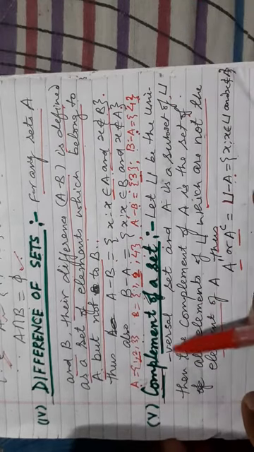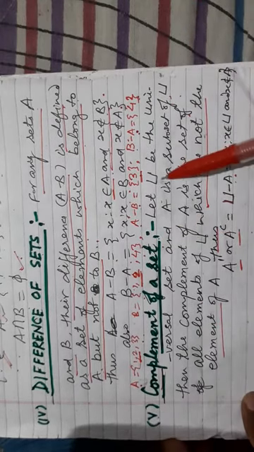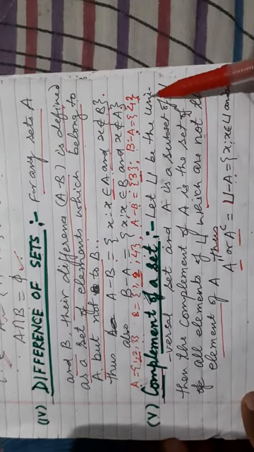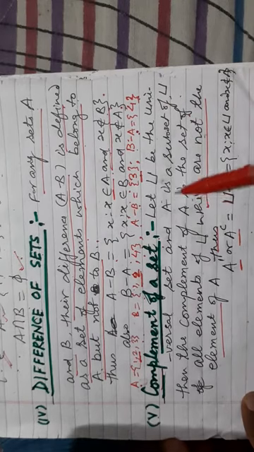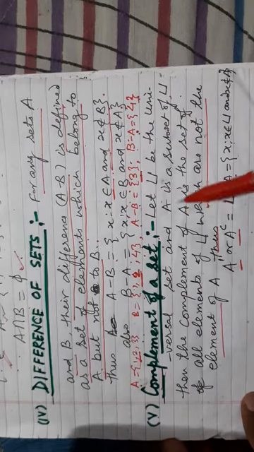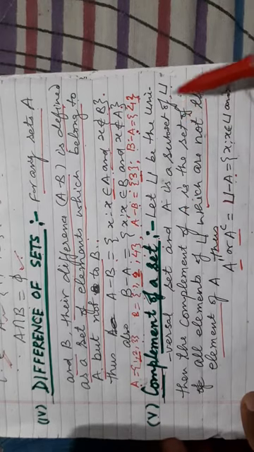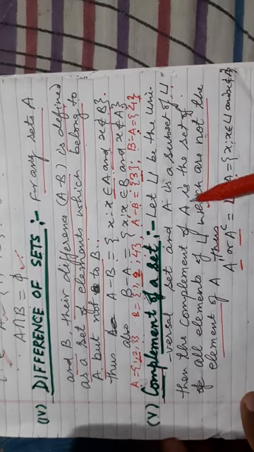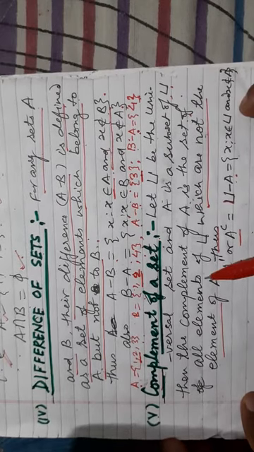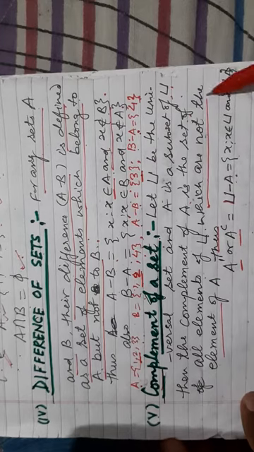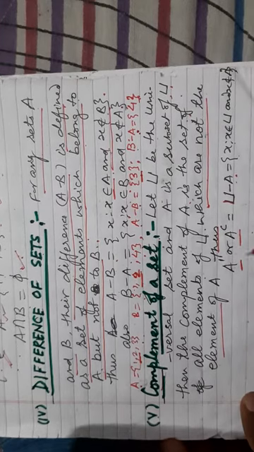Next point is complement of a set. Let U be the universal set and A is a subset of U, then the complement of A is the set of all elements of U which are not elements of A, that is A dash.